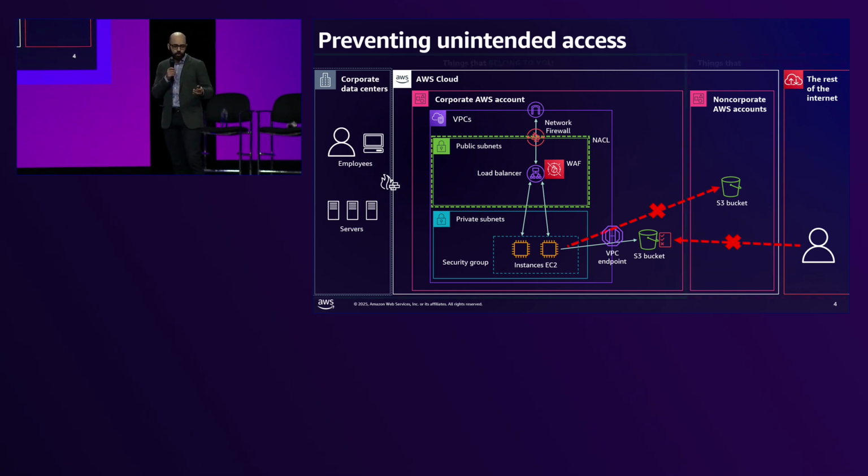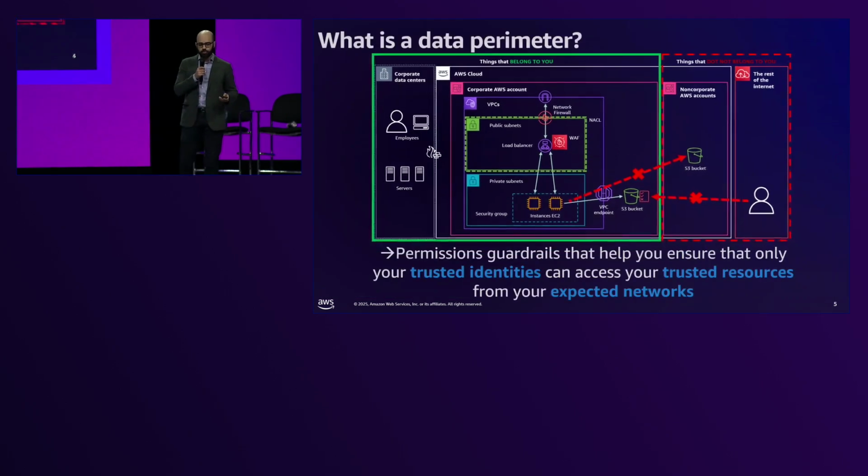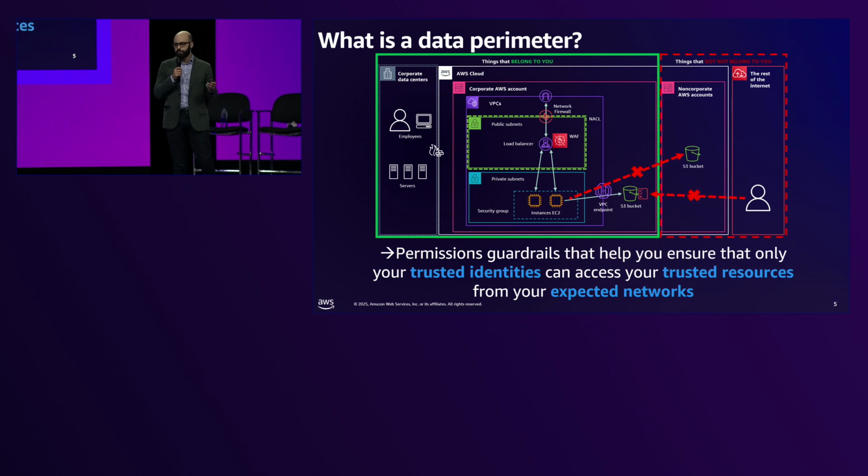At its core, building a data perimeter is defining these boundaries between the things that belong to you and the things that do not belong to you. From a technical point of view, a data perimeter is a set of permission guardrails that you can use to help ensure that only your trusted identities can access your trusted resources from your expected networks.